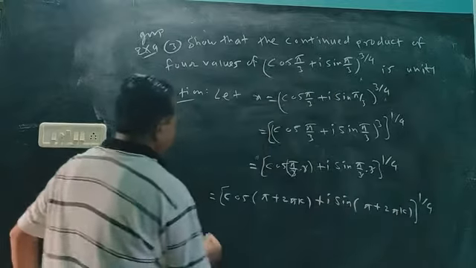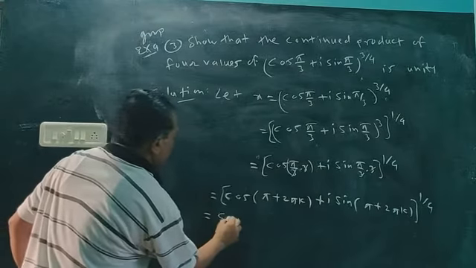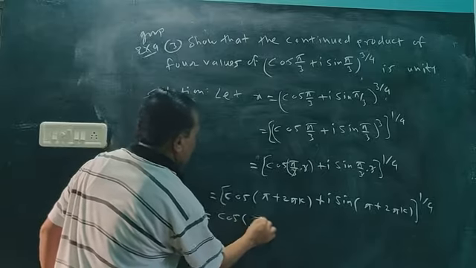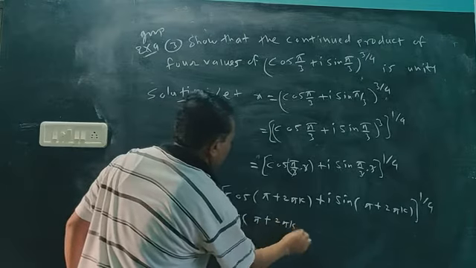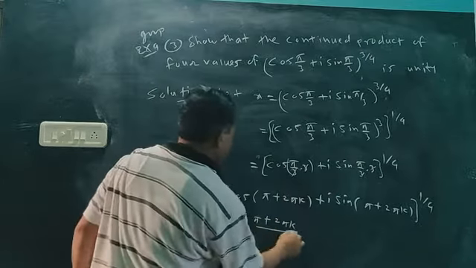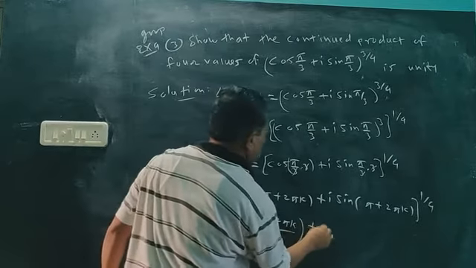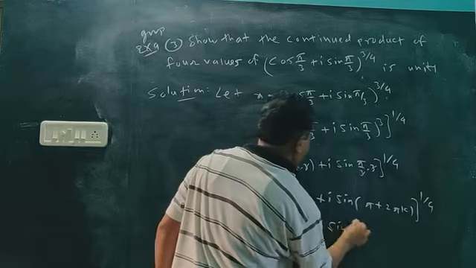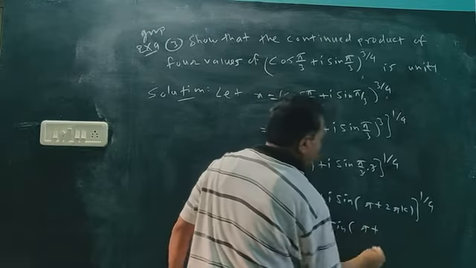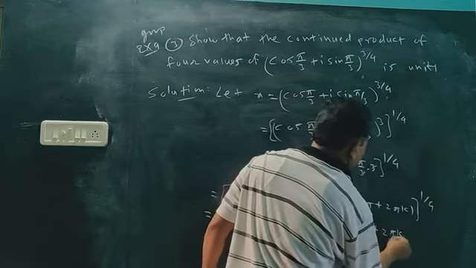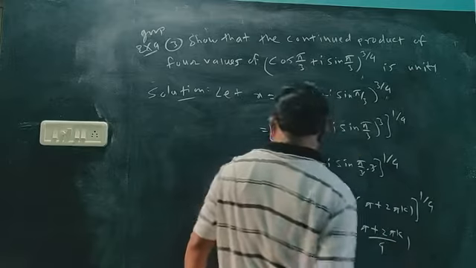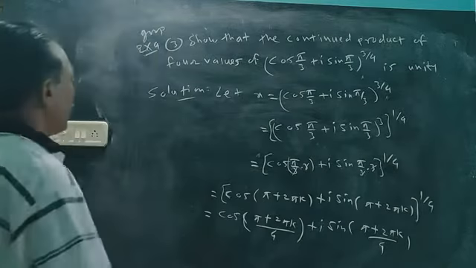Now apply De Moivre's theorem. Cos of pi plus 2 pi k into 1 by 4, that is upon 4, i sin of pi plus 2 pi k into 1 by 4, that is by 4.